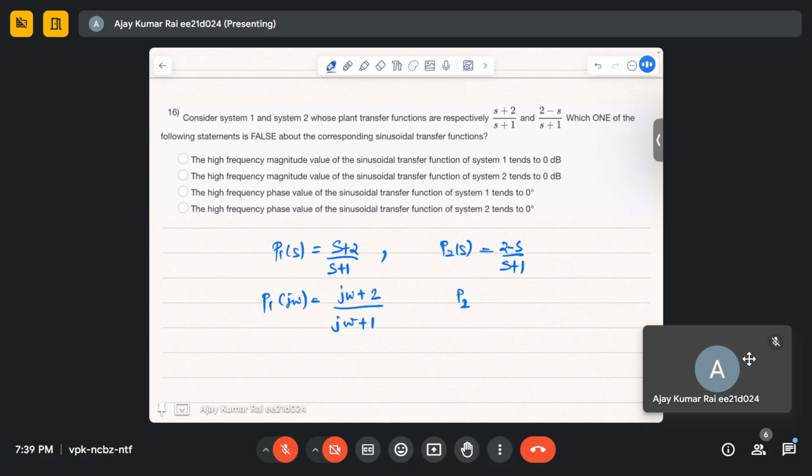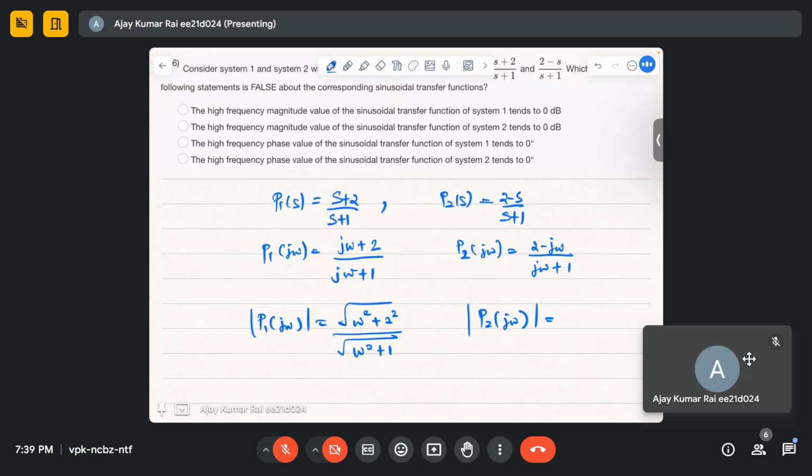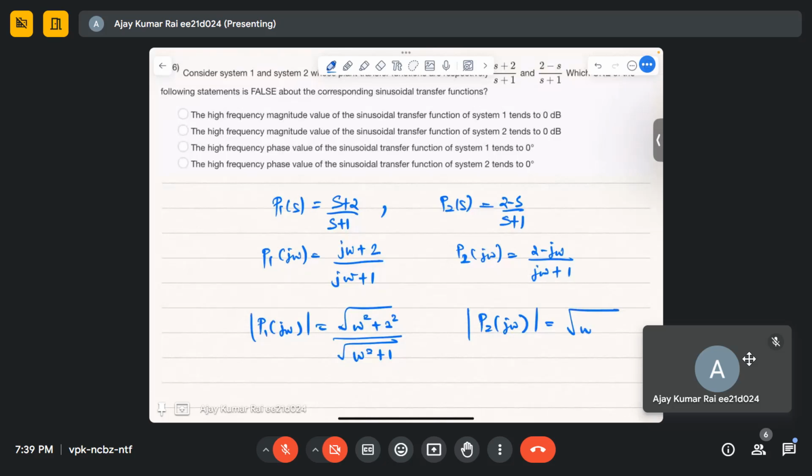Here also P2 of j omega is 2 minus j omega over j omega plus 1. If you find the magnitude, it will be square root of omega square plus 2 square over square root of omega square plus 1. If you find the magnitude of the second transfer function, you get the same value.